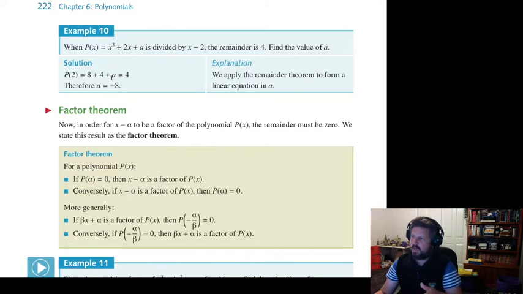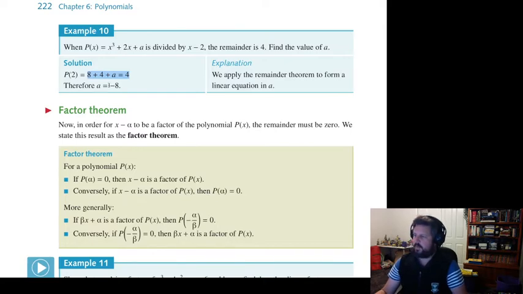We have the plus a, and that will equal 4. Once you've got that, it's a matter of rearranging things to find out what that unknown value is. In this case, we're moving 12 to the other side. A is therefore going to be -8.